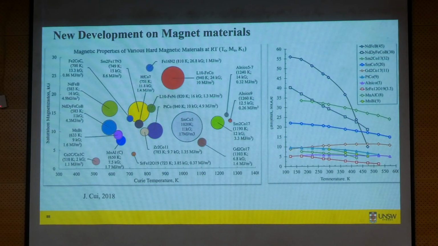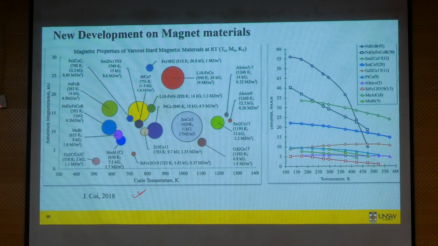As I mentioned, there is big research now, especially if anyone is interested in material science research, on developing magnets without using rare earth material, such as magnesium based and iron based. In this graph you can see different types of materials being developed all over the world which could replace neodymium iron boron.